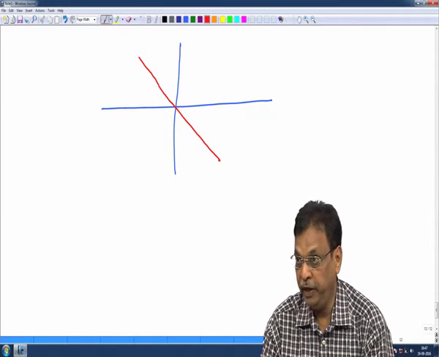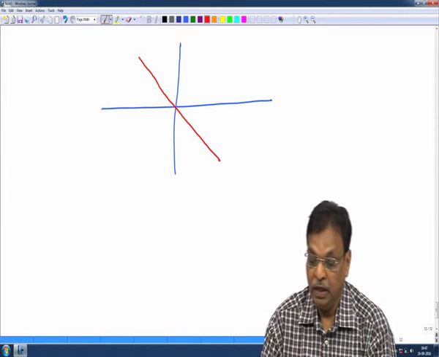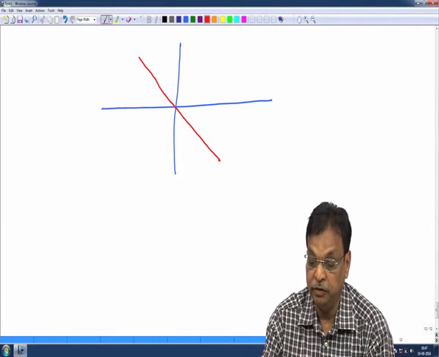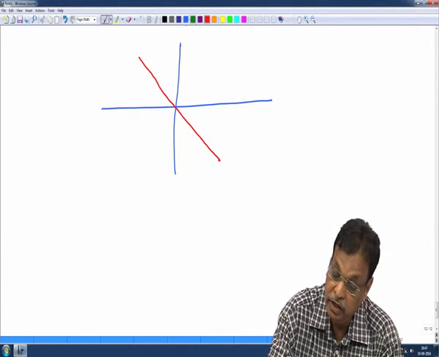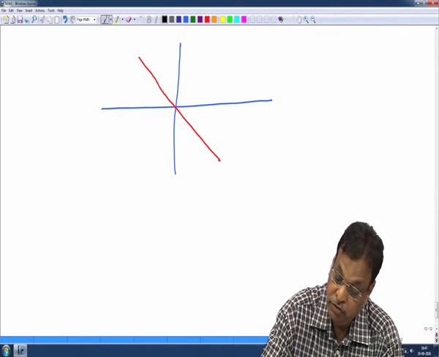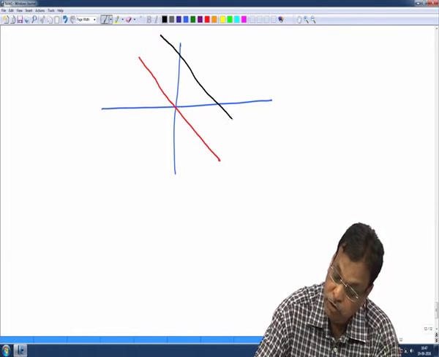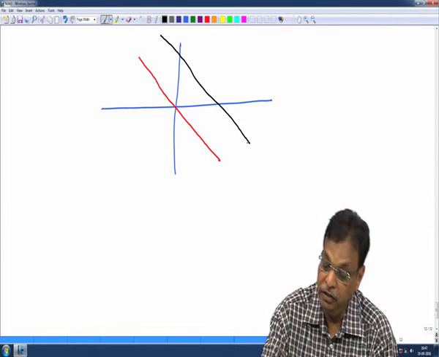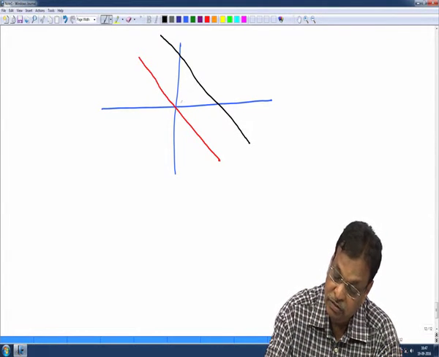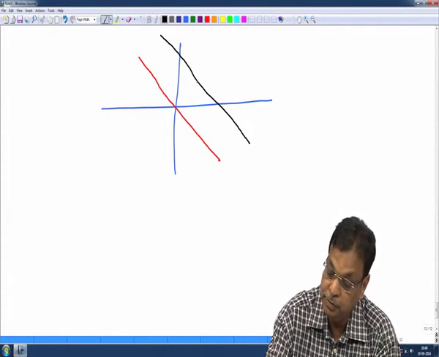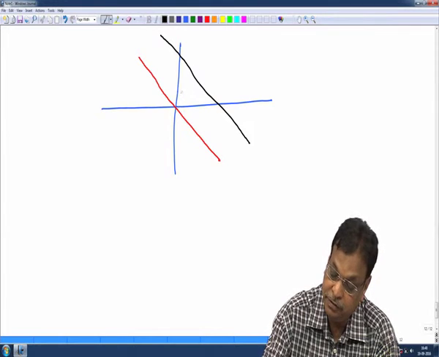Hyperplanes in R3 are planes, and so on, and they are all passing through the origin, because we are saying they are subspaces. But suppose one wants to study a line which is not necessarily passing through the origin, so it will be parallel to one which is passing through the origin, and this line has close properties with that line, the only difference being that this is passing through the origin, this is not. So, this is not a subspace, but it is not too bad as a subspace.